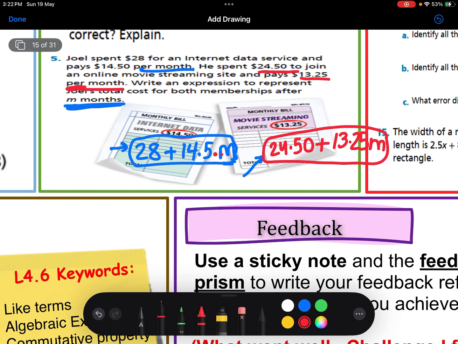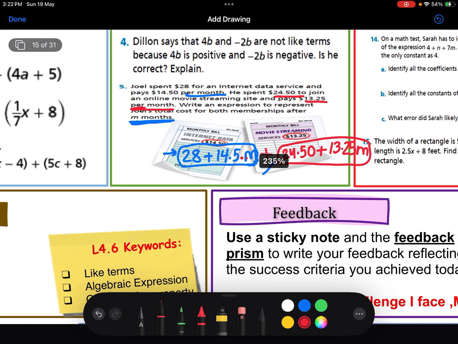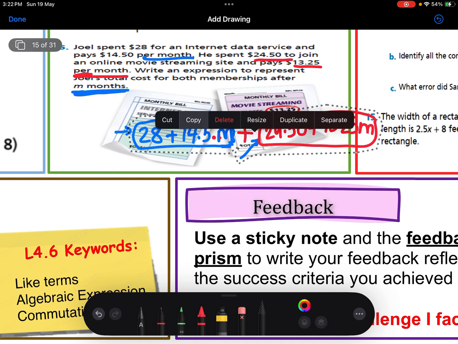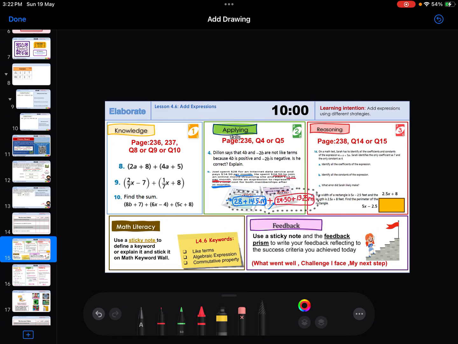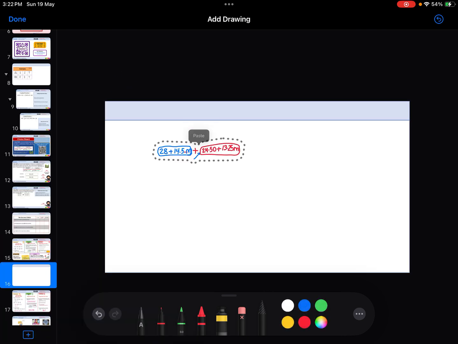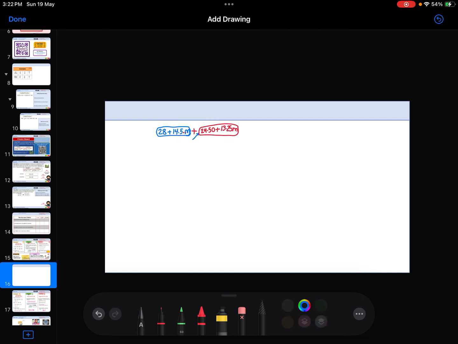I need to write an expression to represent the total cost of both memberships. So basically I need to combine these two expressions. Okay, let's try to combine them in another slide. I'll just take an empty slide and try to combine them here.